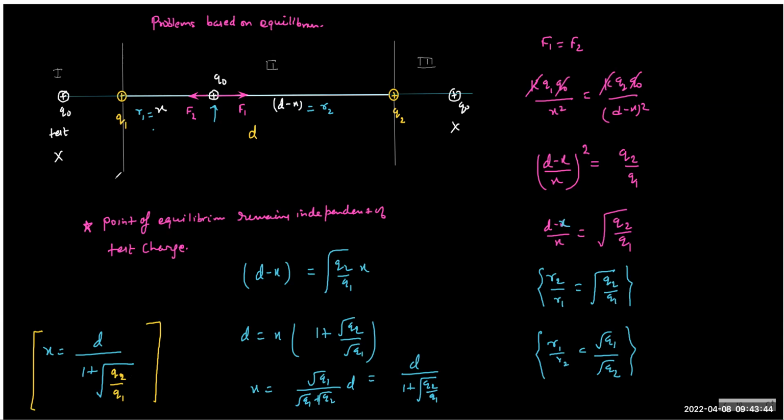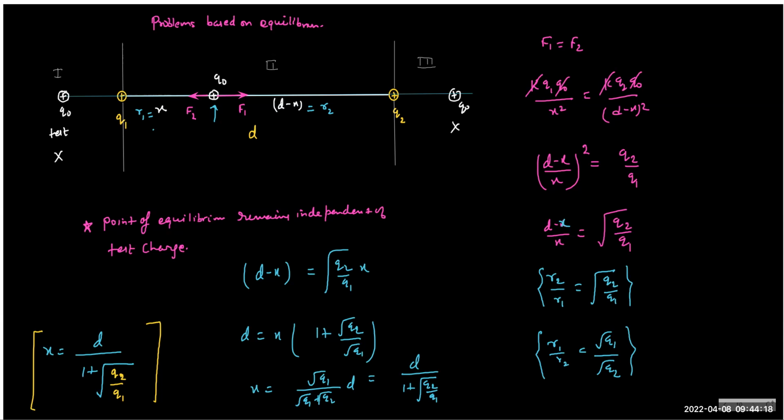So if I say this is 4 microcoulomb and this is 9 microcoulomb, then what will matter is the 4 is to 9. Micro will not matter, 4 will not matter, 9 will not matter, because even if I make it 8 and 18, it's the same answer. Even if I make it 12 and 27, same answer, right? Yes, sir. So what really matters for the calculation is the ratio of charge. Even knowing the ratio is sufficient to get the point of equilibrium. We do not need the exact charge value. Understood?